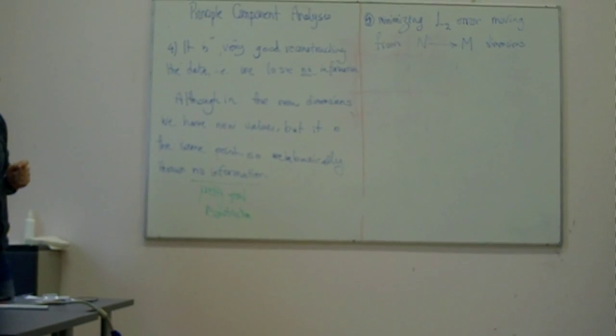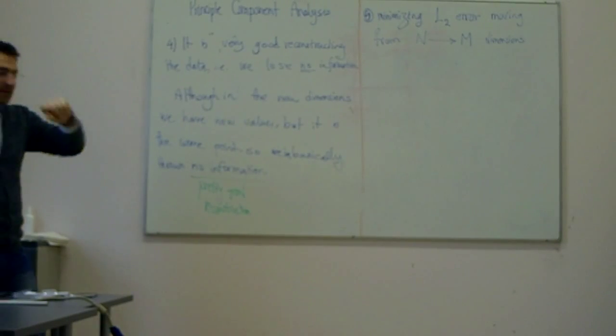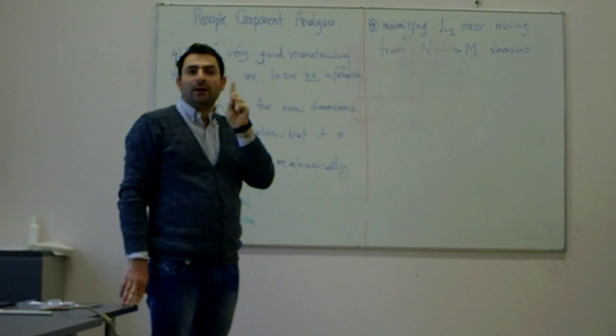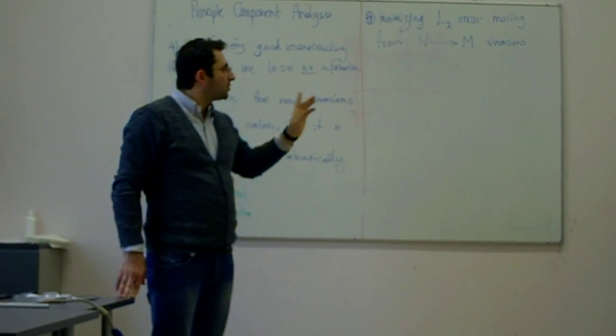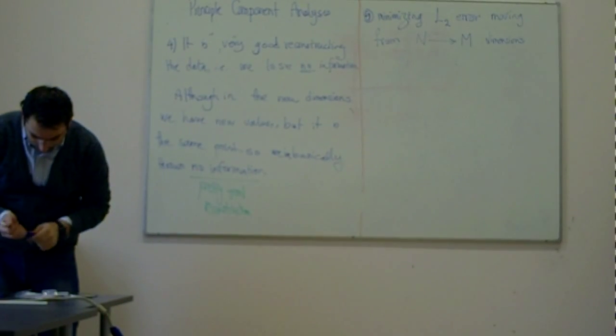Now, this is initiating the idea in our mind that we have a good way of reducing our information, our dimensionality. So let's see how PCA will do it in a better form.